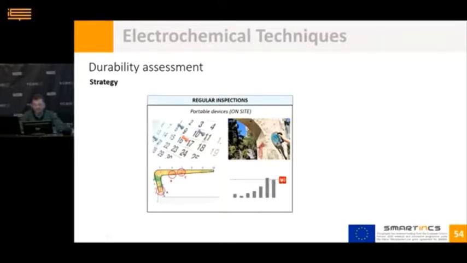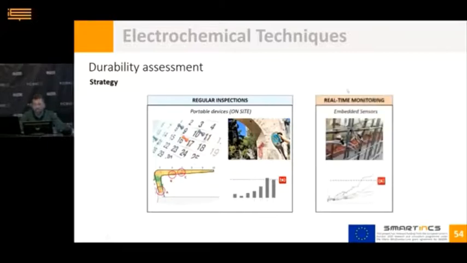In this line, the use of sensor monitoring systems is of very great interest. The main advantages of these systems with respect to the on-site inspection techniques are their ability to monitor multiple zones continuously and remotely, their ability to identify the trend of the corrosion process, so predictions will be more reliable, and in addition, a significant reduction in inspection cost is achieved since on-site technicians are not required for each measurement.